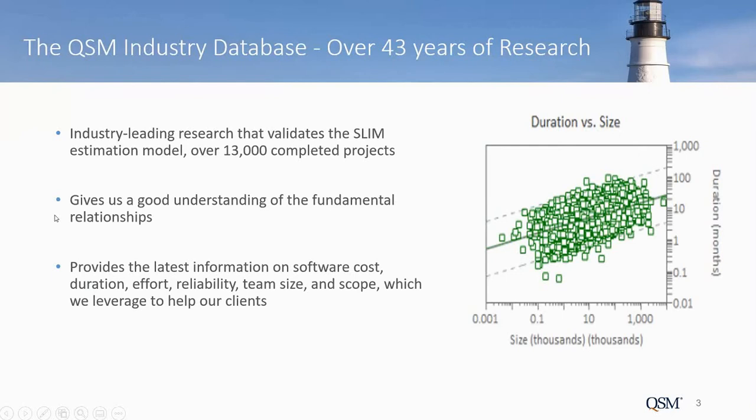QSM Industry Database, probably one of the cornerstones of our business. Over 43 years of research and over 13,000 projects. The research gives us a good understanding of the fundamental relationships going on in software development. This is a snapshot from the QSM Industry Database, looking at duration versus size.